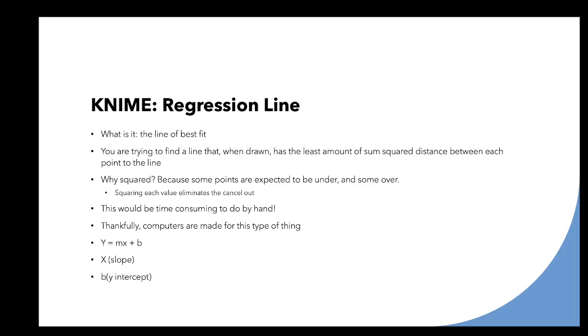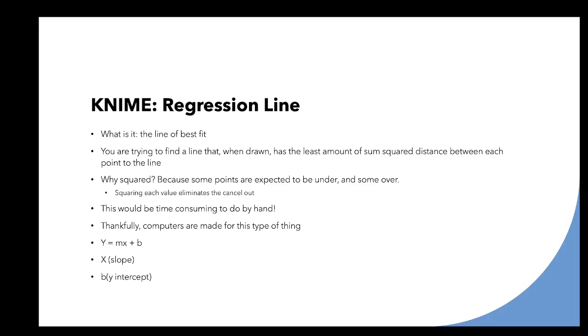And this equation, y equals mx plus b, is a very simple equation that has to be run many, many, many times because it needs to be run against each individual data point. Thankfully, computers are very good at that. I am not. I would go crazy if I had to do that by hand. But let's say it takes a theoretical permutation and says, okay, if I take the distance from this point to the line, that point to the line, square it, and then sum all those up, that's going to give us, for sake of argument, 29.